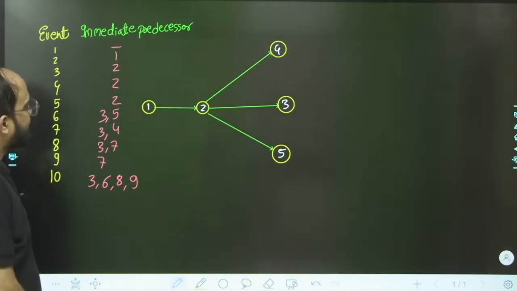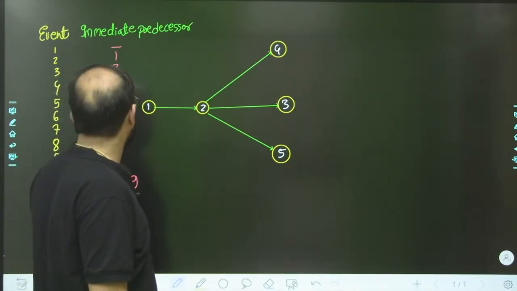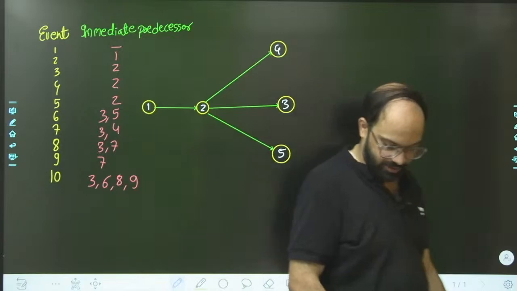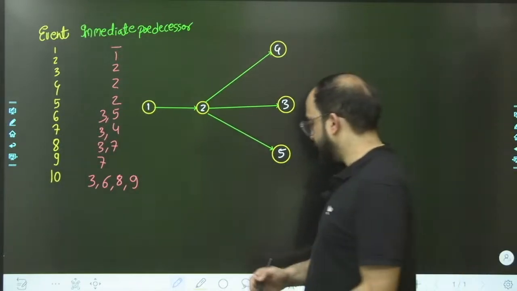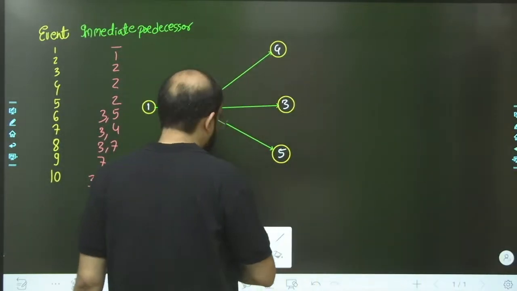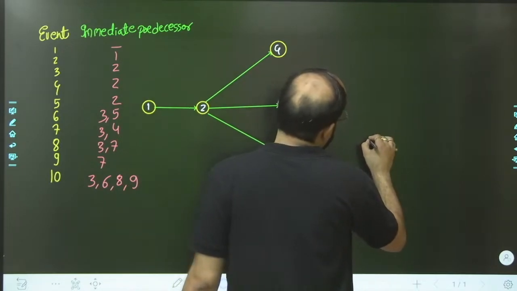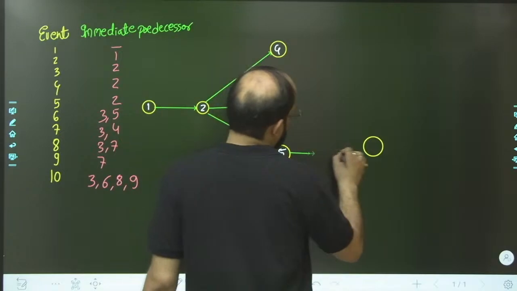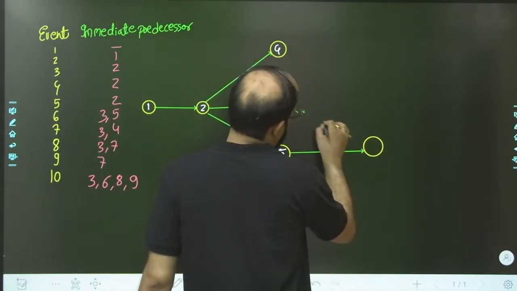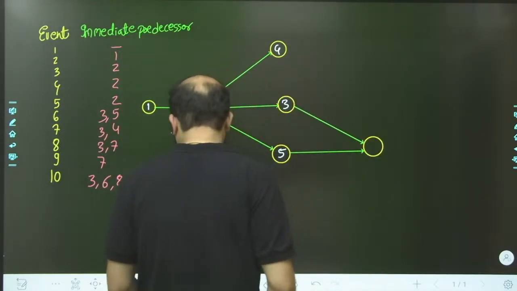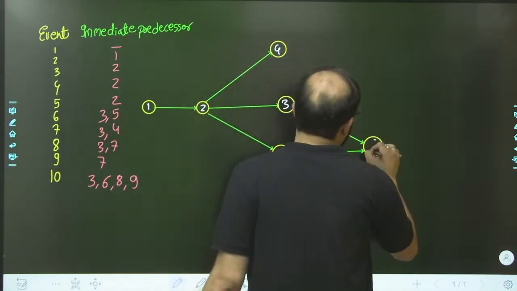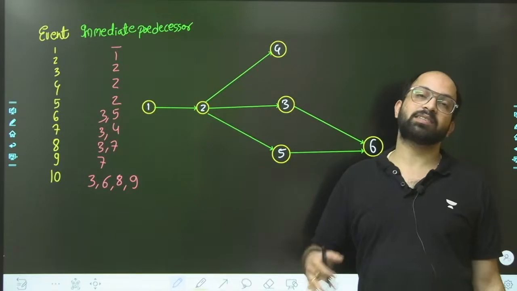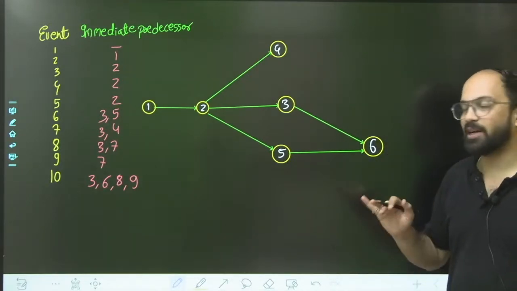Now event 6 has predecessors 3 and 5. So if this is 6, then arrows come from 5 and from 3. Making a network with the help of event information is very simple compared to activity.